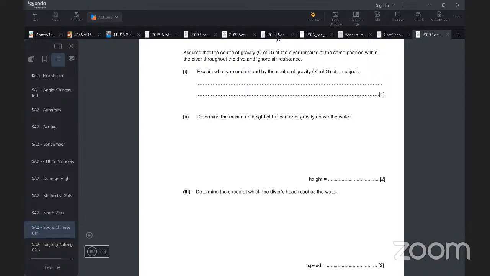I'll stop my screen sharing. So do I take the second one or the first one?